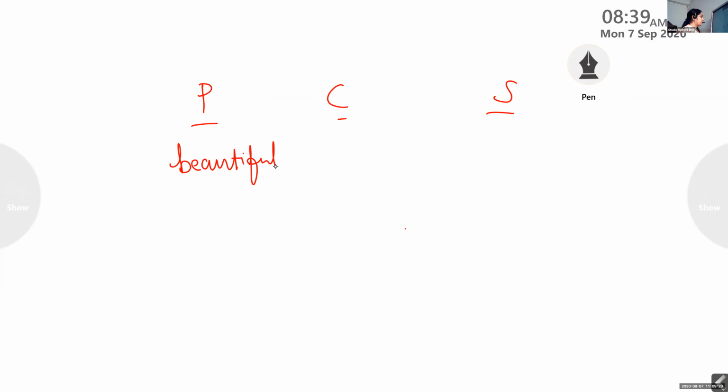Okay, beautiful. Can we say the comparative as beautifuler and superlative as beautifulest? No. Then what do you have to do?